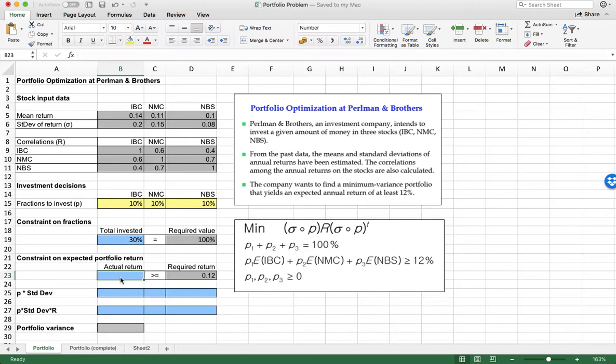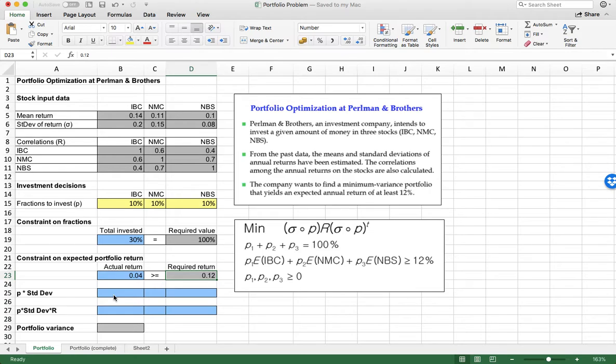So we're going to use the SUMPRODUCT to express this constraint. The SUMPRODUCT, my first array, my decision variables from B15 to D15, and my second array is B5 to D5. This has to be greater than or equal to 0.12 or 12%.